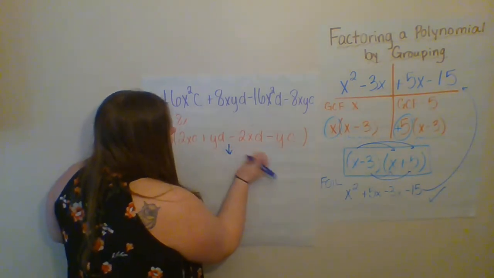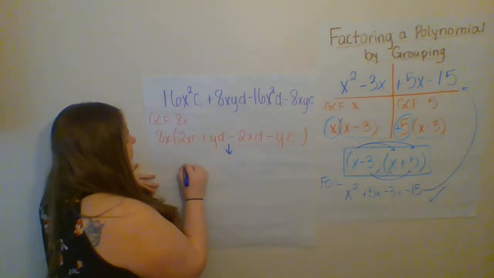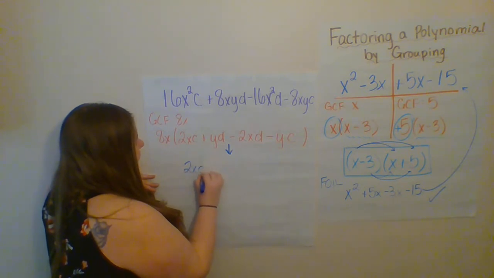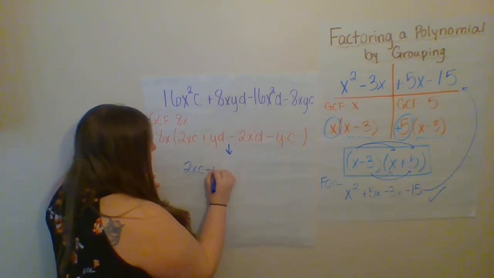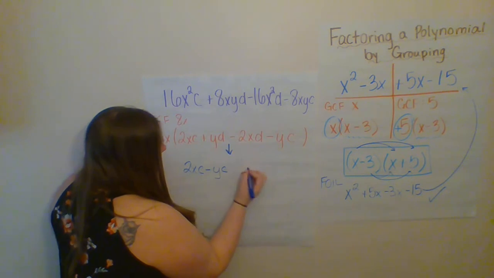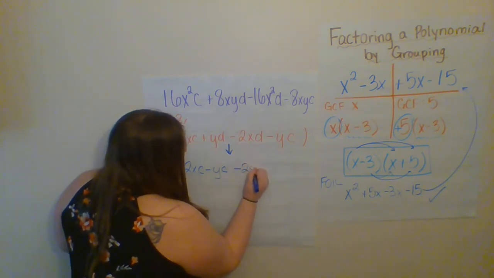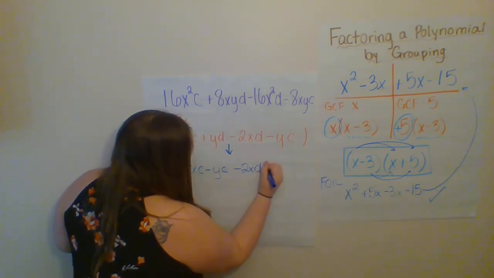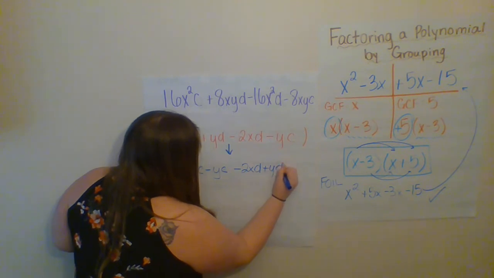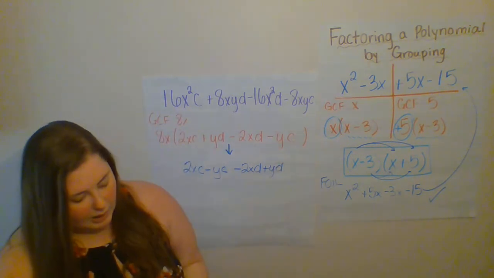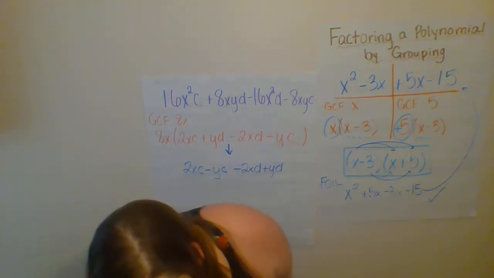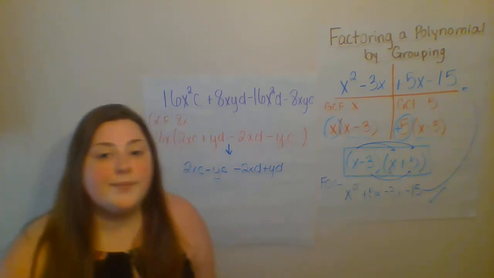So I'm going to rewrite this as 2xc minus yc minus 2xd plus yd. Now, this is when we factor by grouping.